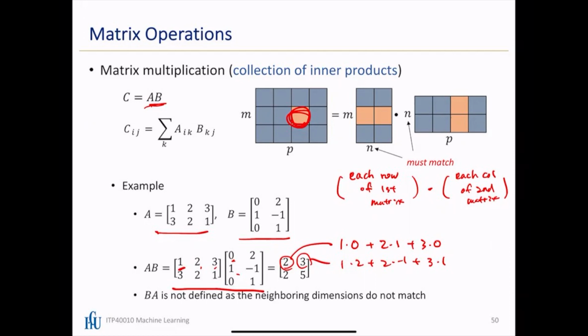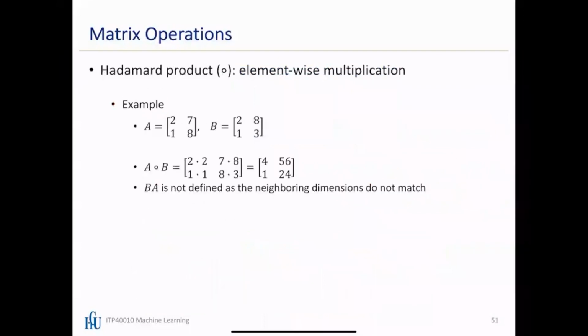One of the important things is the order of the multiplication. Dimensionality is also important in matrix multiplication. In this case, the multiplication BA is not defined because neighboring dimensions are not matching. This is something you should be familiar with.